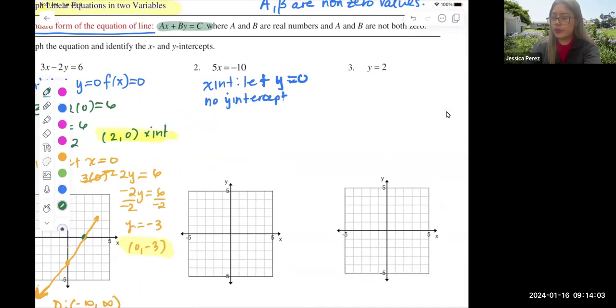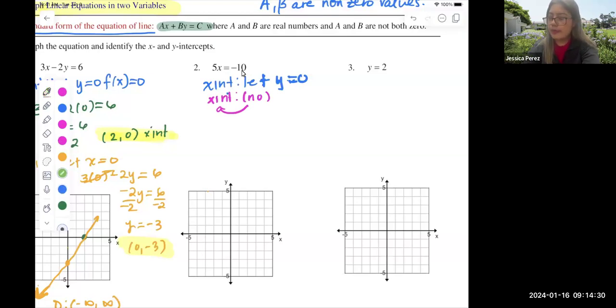Notice that when we're finding the x-intercept, we let y be 0, but there's no y component here. So that means there's no x-intercept. There's no way that this graph will touch your x-axis.